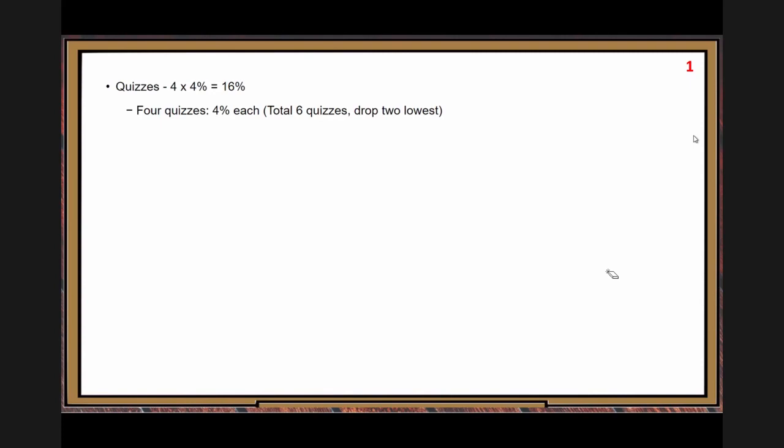I allow you to drop 2 lowest scores. So if for some reason you may not do well, don't worry. Drop 2 lowest. It's a lot of room for error. Then, after that, each one 4%. So total, 4 by 4, 16%.